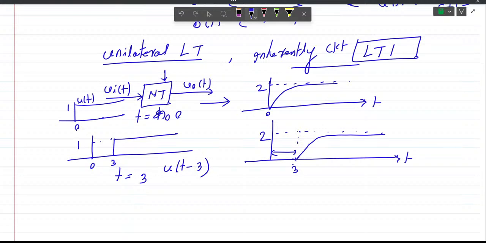Another example I'll give of time invariance: suppose you have an equipment in your home, for example an LED TV. If you switch on your LED TV today, it will be functioning and displaying all the channels, provided you have subscribed to the DTH channels. Suppose you have subscribed to all the channels.